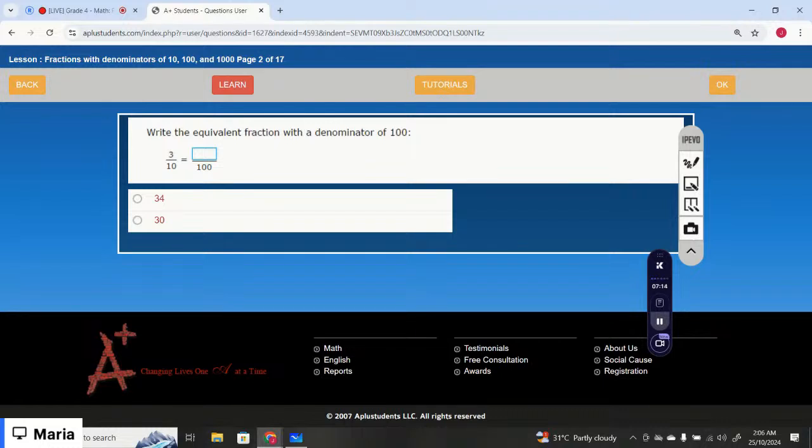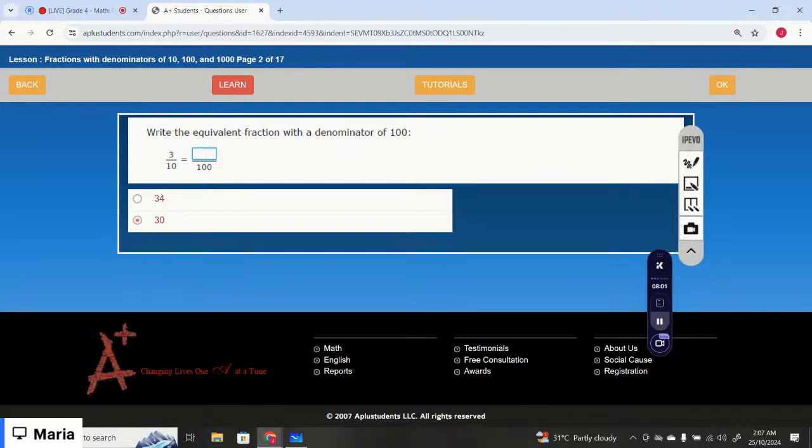So which is the correct option? 30 over 100 it is, right?